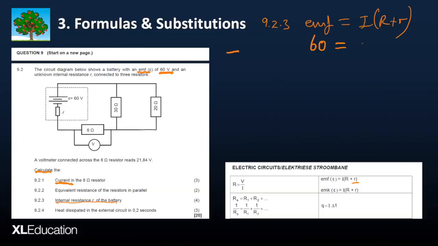If I may just provide it for you, let's say that current is 2.73. Right. This is just an example. So this is the current that we calculated in 9.2.1, 2.73. Now, this is the one you would need to correctly substitute there. Don't worry if this is correct or wrong, but make sure that you correctly substitute it there, right?